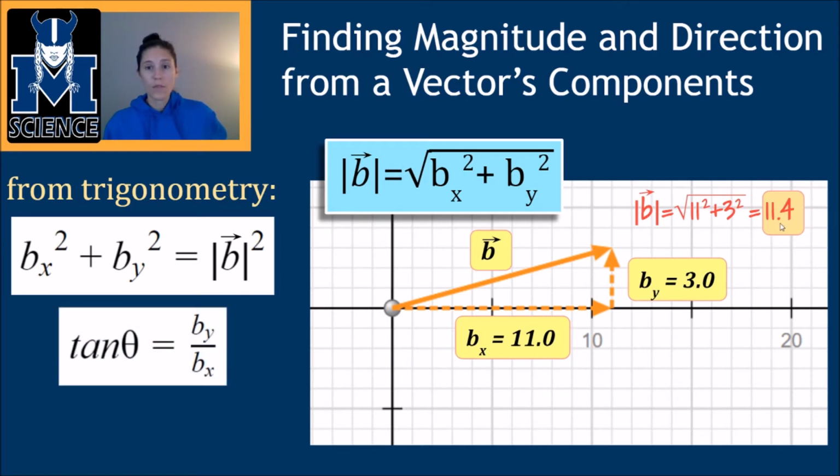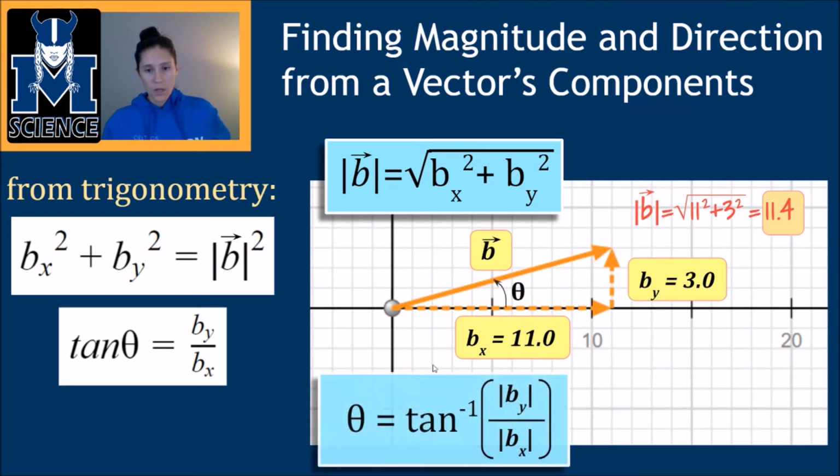Let's say we wanted to find the direction, because we're not really done. If we know that the magnitude is 11.4, we're still missing some information about that vector. We need to know its direction. Here tangent is going to be helpful. If you know these two sides, the tangent of this angle right here that you're looking for is going to equal the y component over the x component.